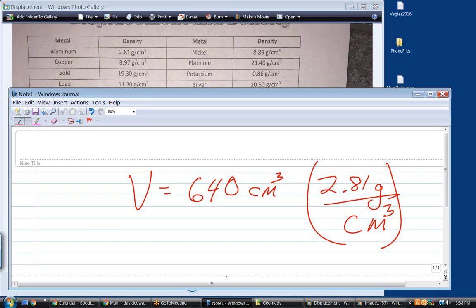If you don't use the units, you can get it off easy. You can divide by 2.81 instead of multiply. We know we have to multiply because that's going to cancel out with that, leaving me grams. So whatever 640 times 2.81 is, that's the weight of the aluminum.